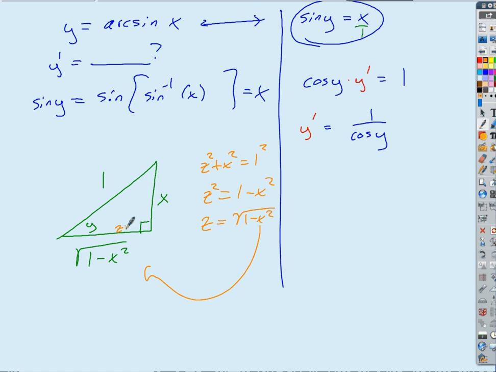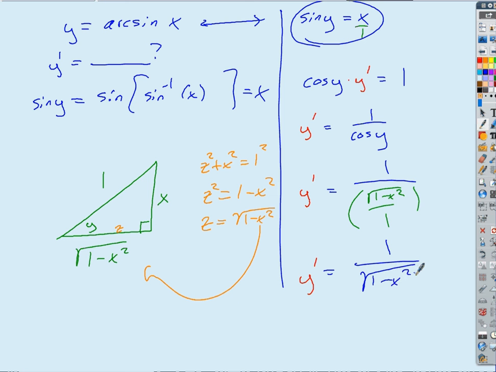Well then, what is the ratio cosine of y equal to? Cosine is equal to adjacent over hypotenuse. So I could rewrite this then, y prime, as 1 over the square root of 1 minus x squared over 1. So we end up with y prime equals 1 over the square root of 1 minus x squared.